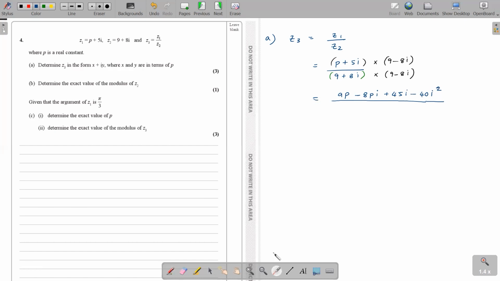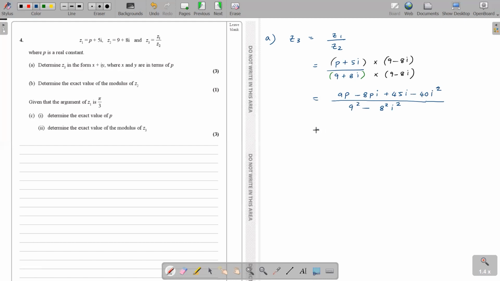At the denominator, we have 9 plus 8i, 9 minus 8i. You could open it manually, or else it is the difference of two squares. A plus b, a minus b is directly a square minus b square, which is 9 square minus 8 square i square. Are you with me? The shortcut is a plus b, a minus b equals a square minus b square. Or else you could manually open and the items will cancel out.